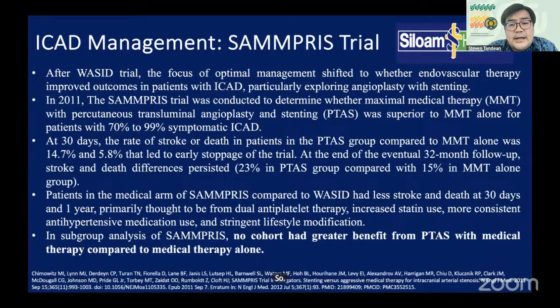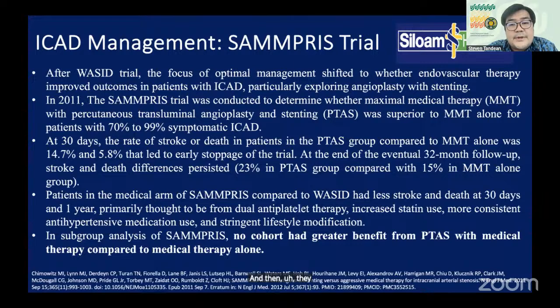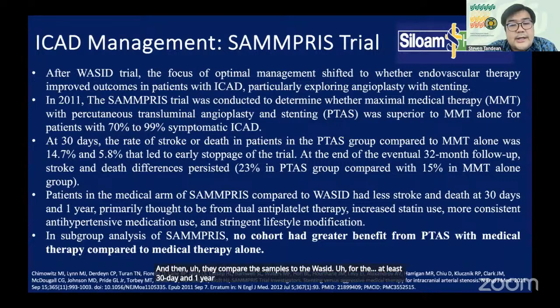Patients in the PTAS and medical treatment arm had more stroke and death compared to the medical treatment alone. And then they compared SAMMPRIS to WASID for at least 30 days and 1 year's stroke and death.